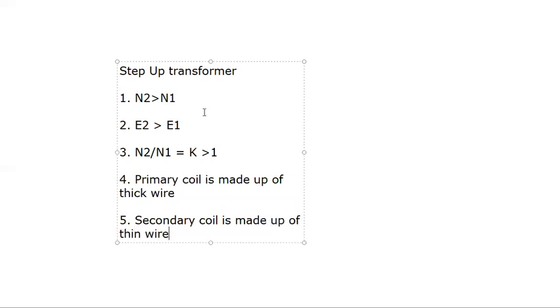So this is one of the things that you must remember. And you should also know that the current through the secondary will always be less than the current through the primary because of the condition of step-up transformer. So these are some of the important points that you must remember with respect to step-up transformer.